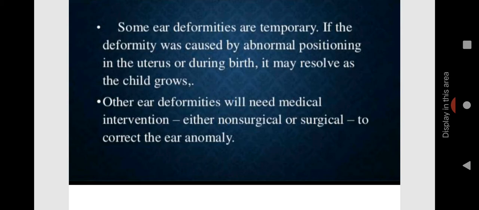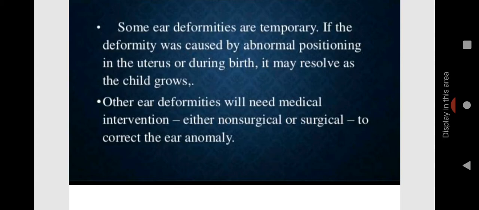So, as we know, deformities may be temporary or permanent. Some ear deformities are temporary if they are formed due to abnormal positioning in the uterus or during birth. During fetal life or birth, if some deformity occurs due to abnormal positioning, sometimes it may resolve, or come to normal, when the child grows.